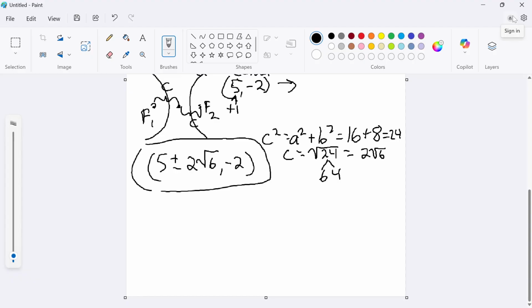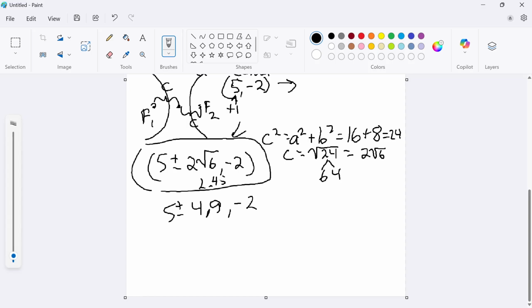Well, 2 squared is 4, 3 squared is 9, 6 is closer to 4, so it's like 2.45 maybe. These are approximate. I'll do it on Desmos in a second. 2 times 2.45 is about 4.9, so it's 5 plus or minus 4.9, negative 2. Again, this is the exact.